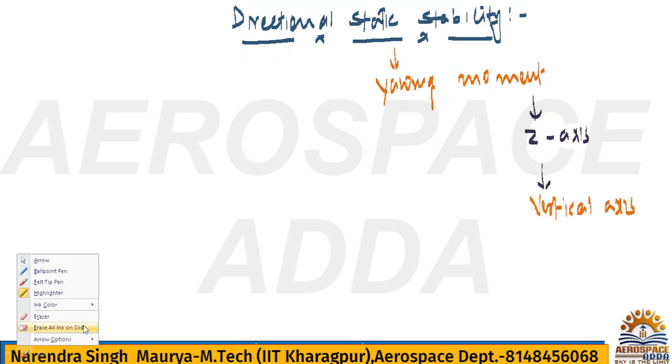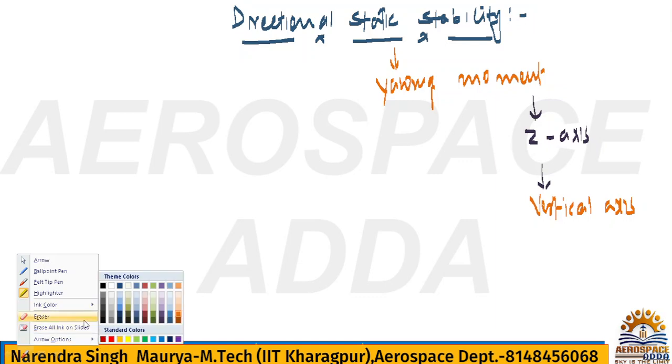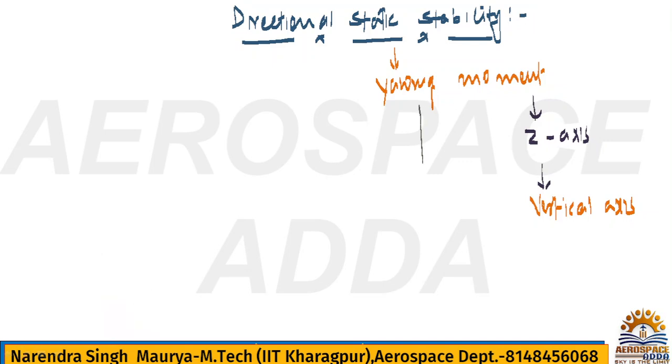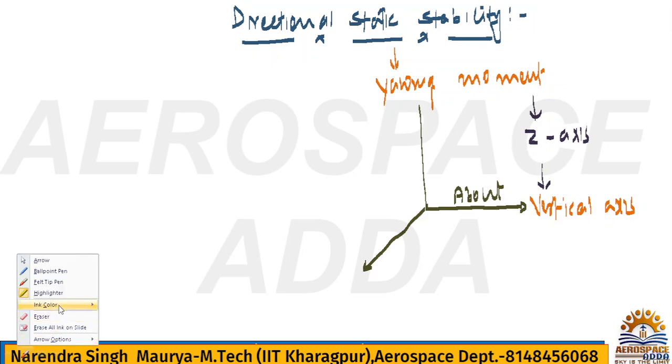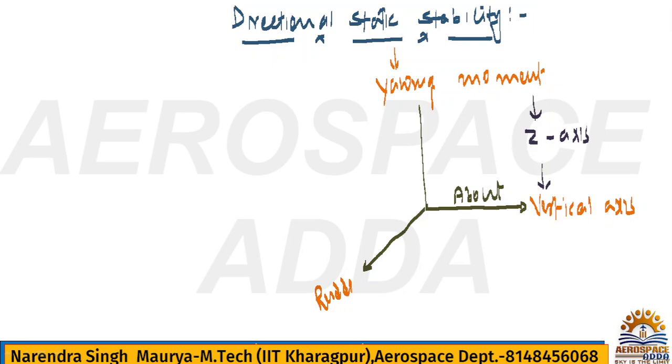So always remember, your yawing moment will always be about the vertical axis. And what are the control surfaces here? The control surface is basically the rudder.